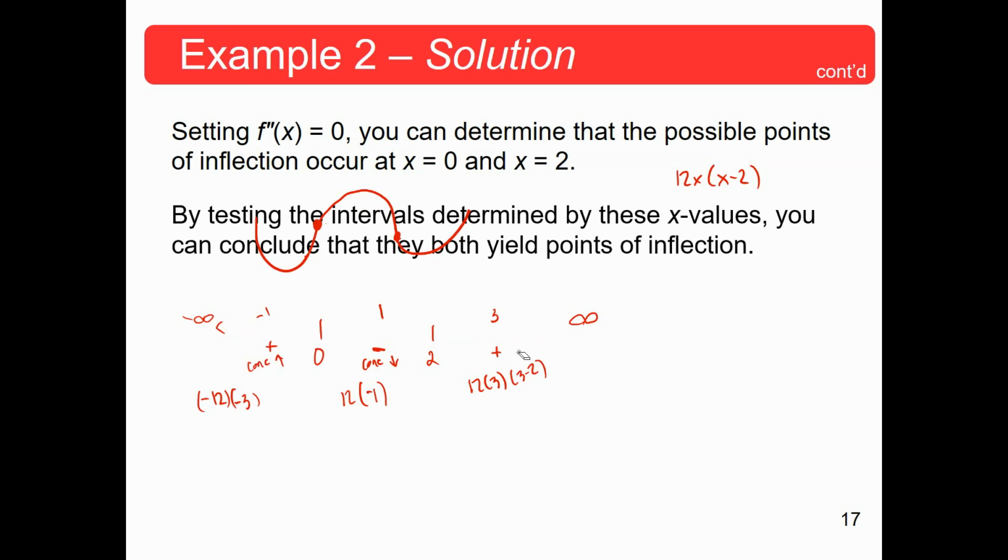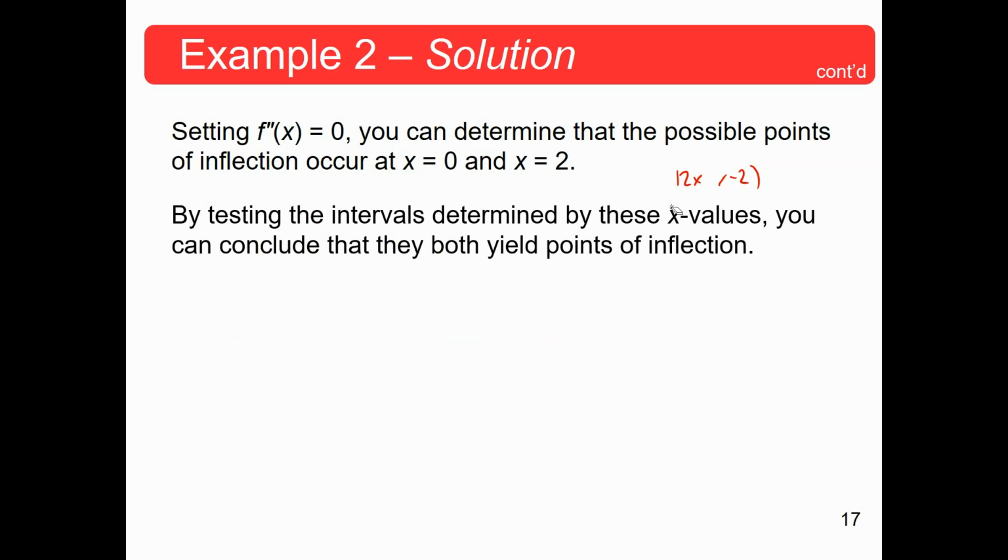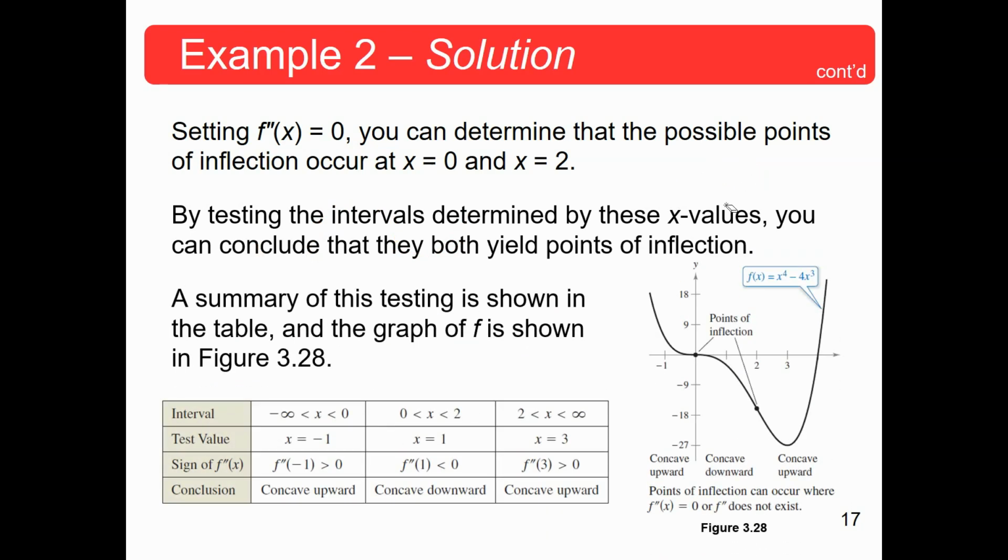We determined that indeed they are points of inflection. And you can see on the graph that we change from concave up to concave down. And here we change from concave down to concave up. Therefore, 2 points of inflection.